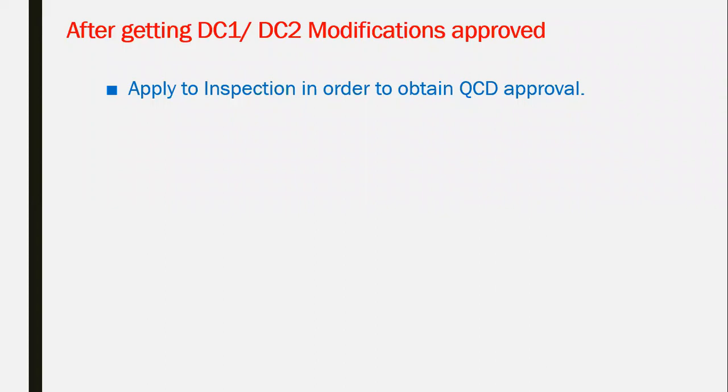And the submission for the QCD will include everything related to the civil defense. If we are talking about the firefighting and HVAC, smoke management, you have to submit all the layout plans and all the calculations required for the sizing of the pump, including hydraulic calculations.